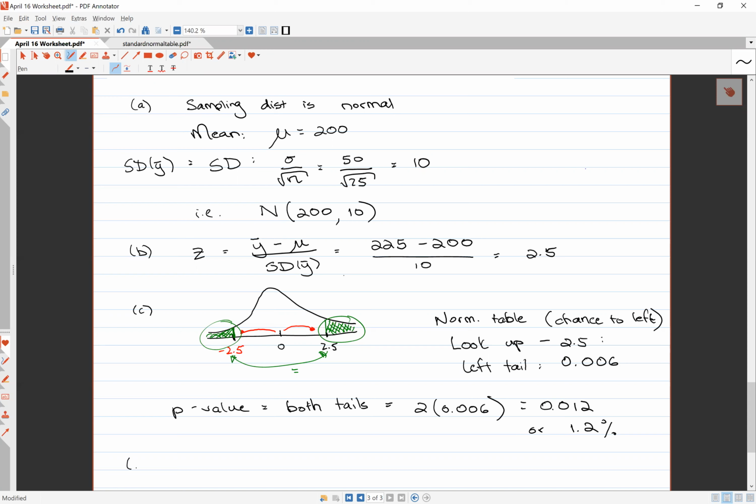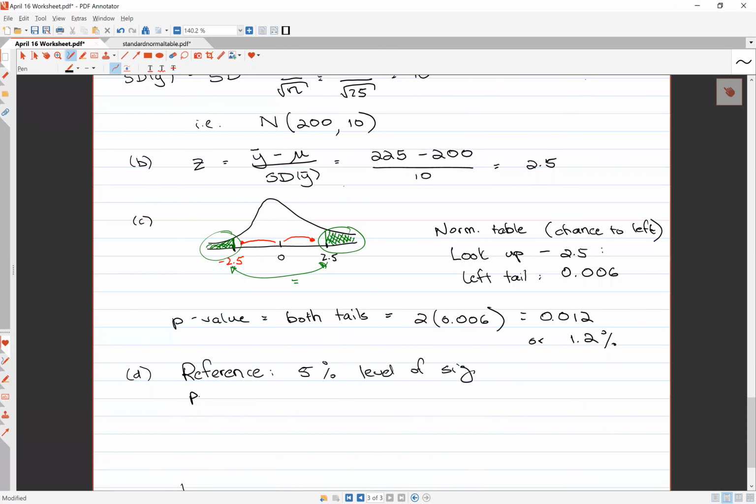So part D again asks for a conclusion. Let's say we're using as a reference again the 5% level of significance. So we have to compare our p-value of 1.2% to 5% level of significance. In this case, our p-value is smaller than the level of significance.